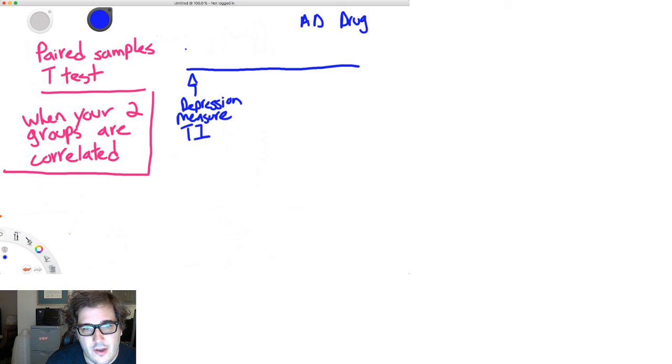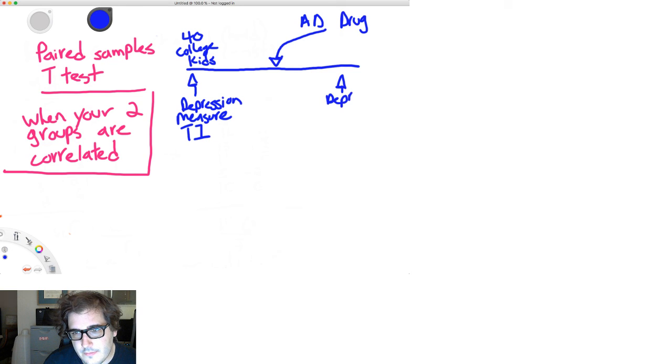Let's say it's 40 college kids. And then you give this drug at some time point, and then you measure depression again afterwards. Now this is time 2 on the same 40 kids.